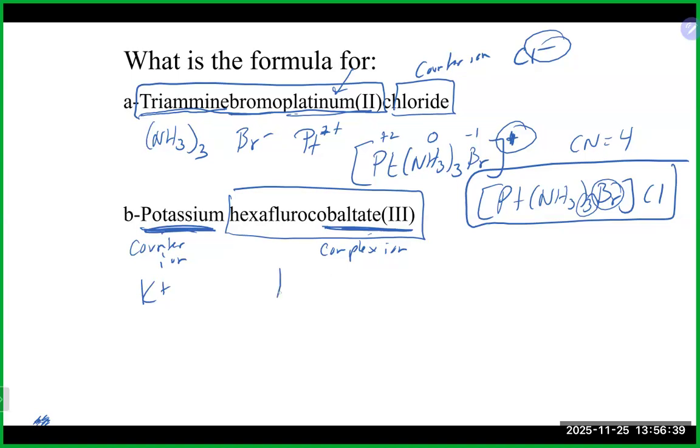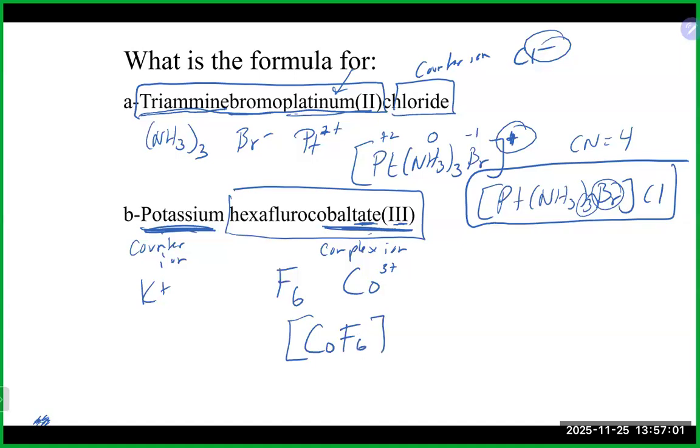Hexafluoro, that's fluorine, and hexa is 6, so you have 6 of them. Cobaltate is the negative version of cobalt because the complex ion is negative, so we have a cobalt with a +3 charge here.